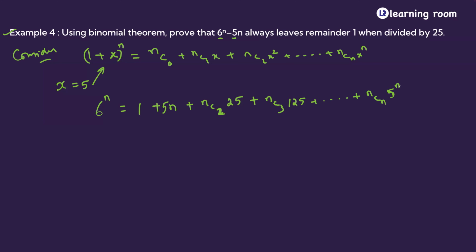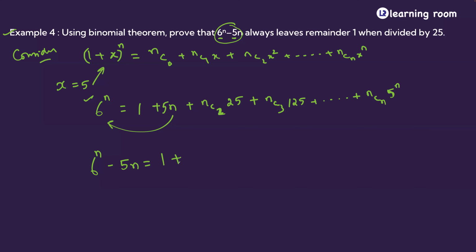Now, all that I need to understand is, I need to get 6^n minus 5n. I have 6^n on the left hand side. Where do I have 5n on the right hand side? It is the second term. If I bring the second term to the left, so if I write 6^n minus 5n, it is going to be 1 is left as it is. But from here, I can take out 25 common.